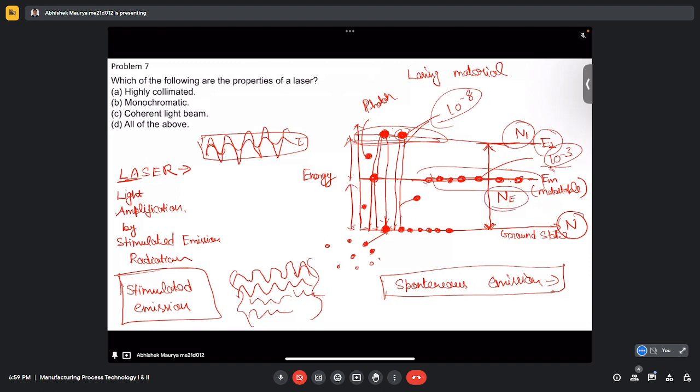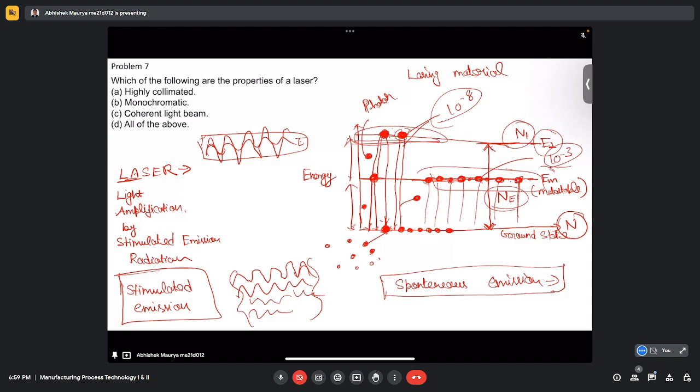So we want to accumulate more electrons in the metastable state, so that in one go all these electrons come down together, and by doing this the photons which come out will be in the same phase, or coherent, and that can be used for amplification purposes.